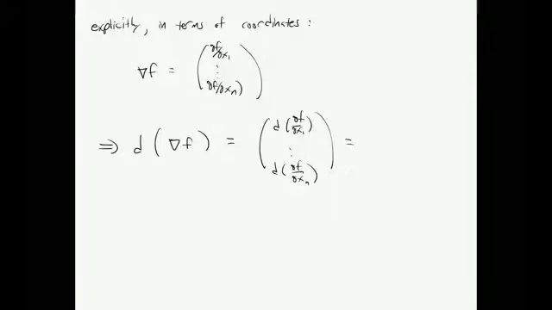The d of that is a gradient of partial f, partial x1 transpose dx, all the way to gradient of partial f, partial xn transpose dx.